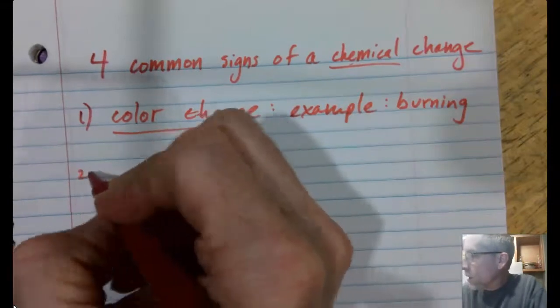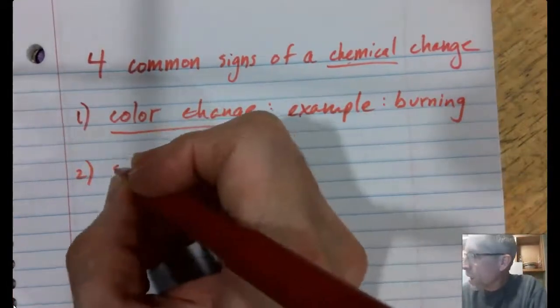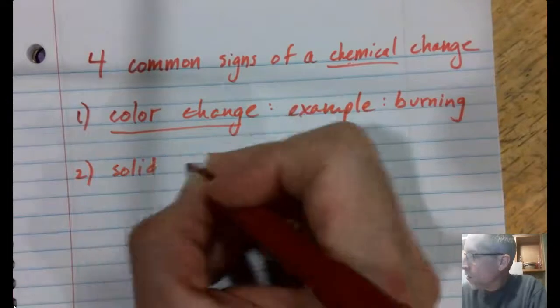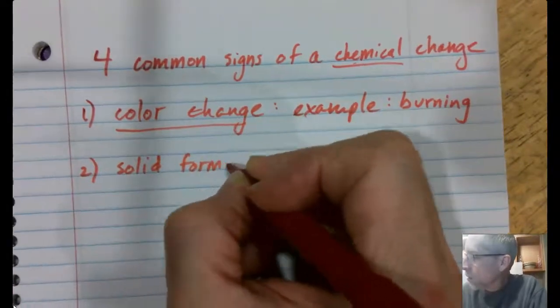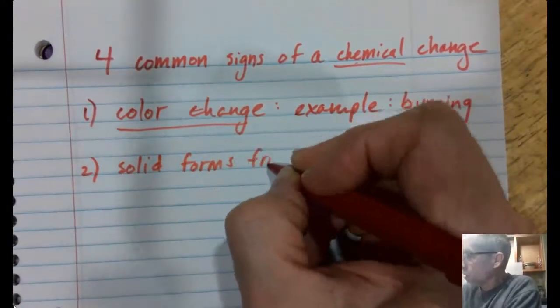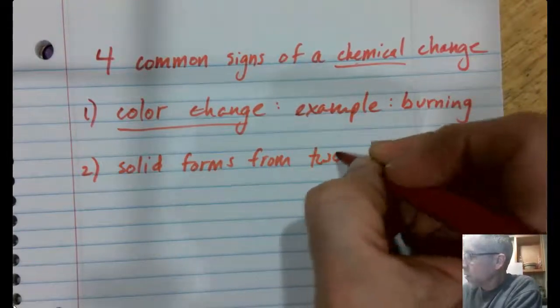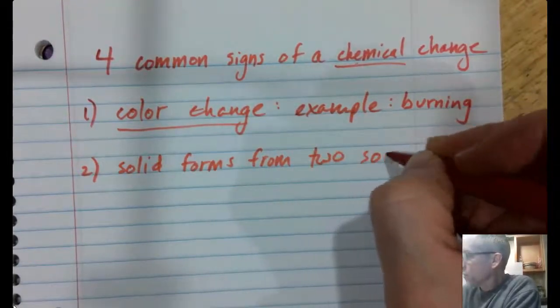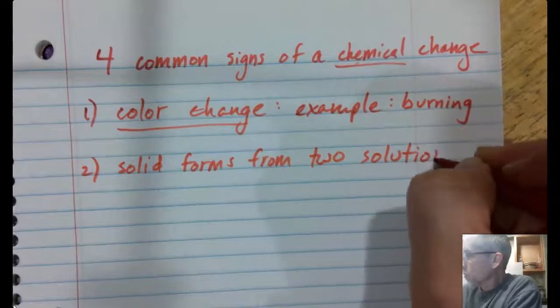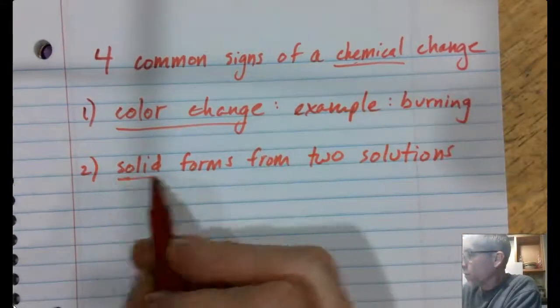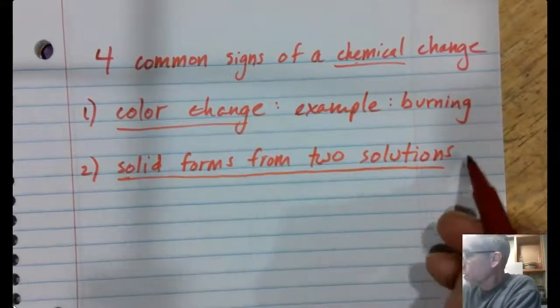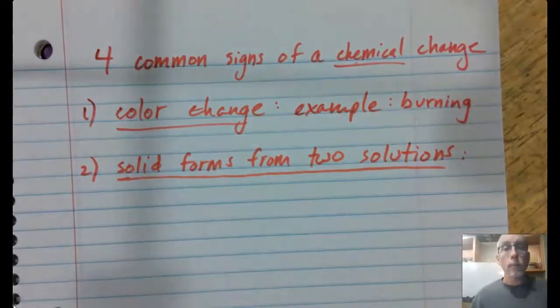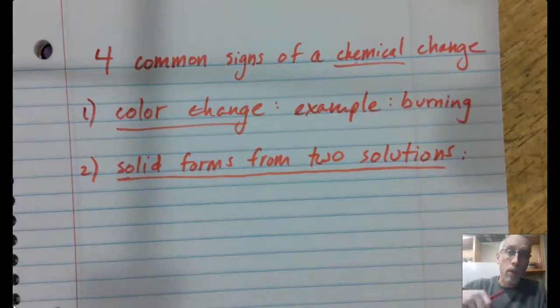The other is a solid forms from 2 solutions. So those liquids that you saw me mix together, those are called solutions. Solutions are when you take a solid and you dissolve it in something, typically water.